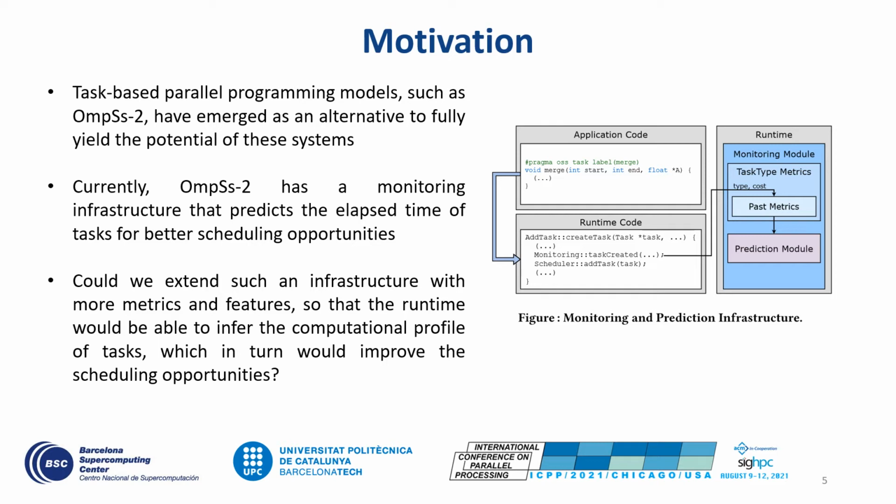So the question really is, could we extend this infrastructure with more metrics and features so that the runtime can categorize tasks between compute-bounded, memory-bounded, or balanced? And if we could do this, it would improve our scheduling techniques or opportunities.